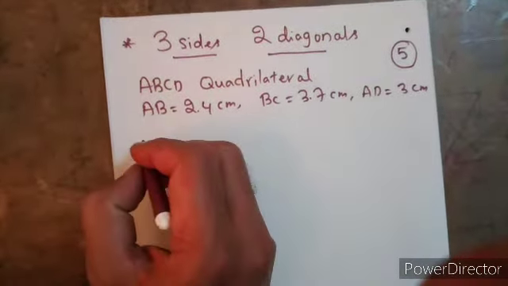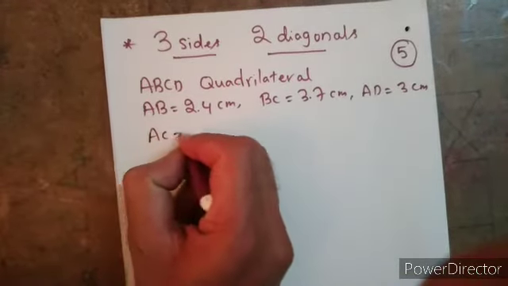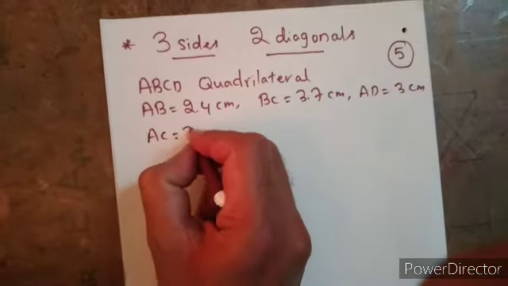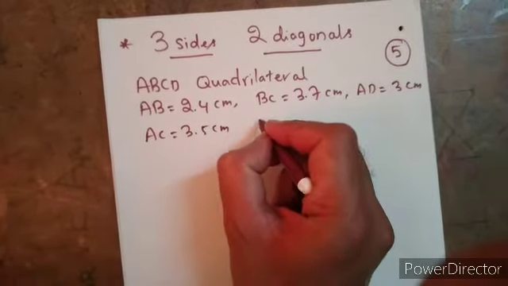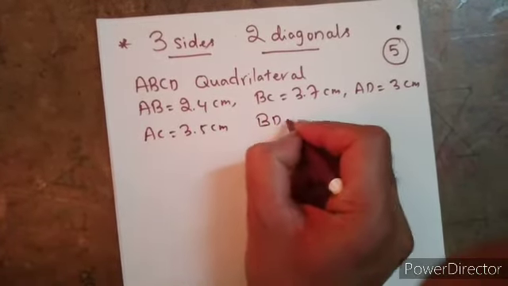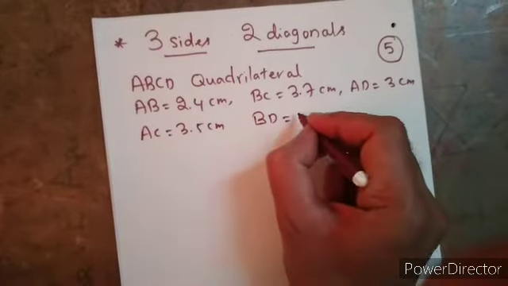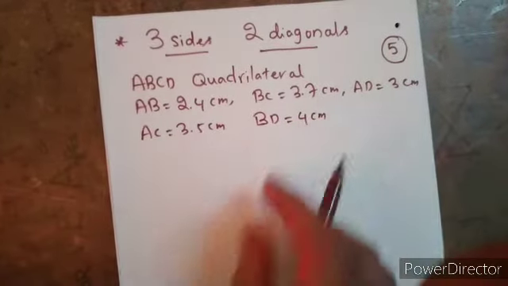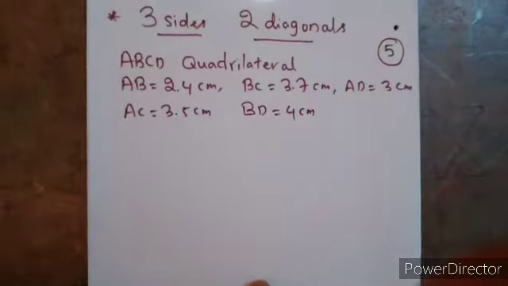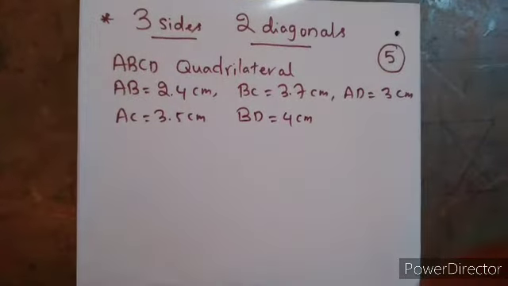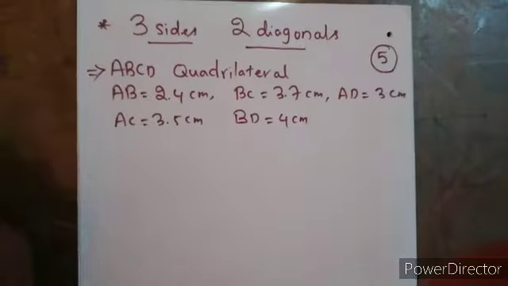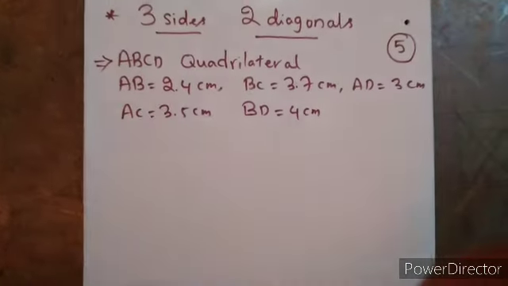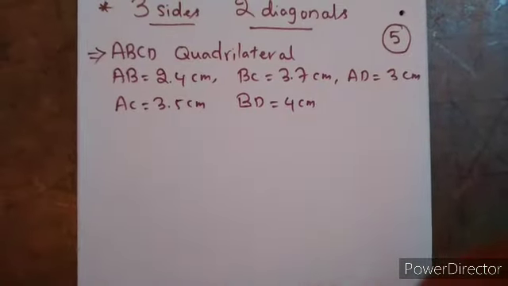Two more measurements are also given. AC is equal to 3.5 centimeters, and finally BD is equal to 4 centimeters. So this is the question asked. So we have to construct an ABCD quadrilateral with the help of these 5 measurements.